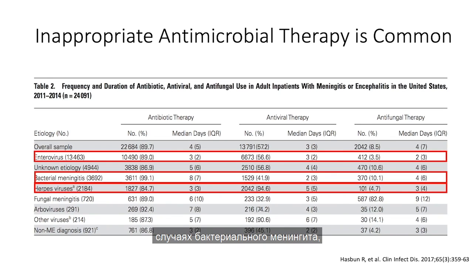For cases of bacterial meningitis, there's still a median antiviral therapy of 2 days and antifungals of 4 days. And with herpes viruses, same thing, you're on antibiotics for another 3 days and antifungals for a median of 3 days. So there's a lot of work that can be done to improve the time to discontinuation of these unnecessary antimicrobial agents, and I think that's something rapid diagnostics can really help assist in.